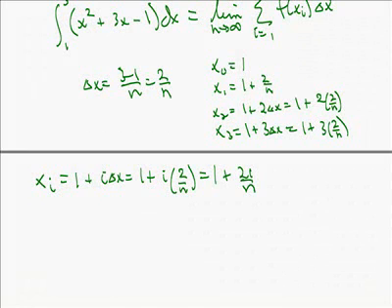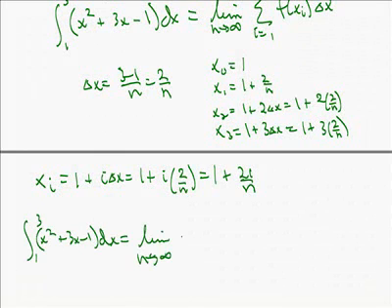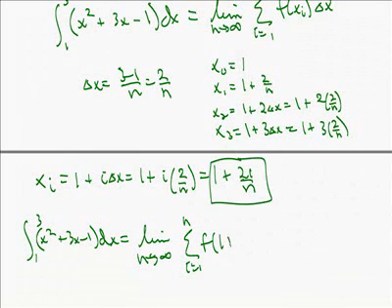Okay, so now we have that the integral from 1 to 3 of x squared plus 3x minus 1 dx is equal to the limit as n goes to infinity of the sum i goes from 1 to n of f of x sub i. Now x sub i, we just said, is 1 plus 2i over n, times delta x, which is 2 over n.